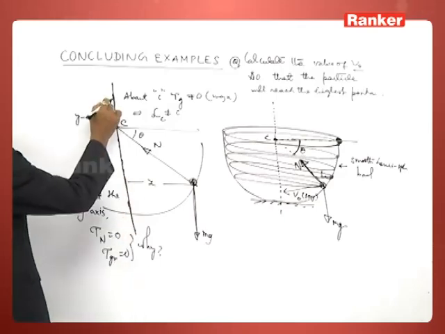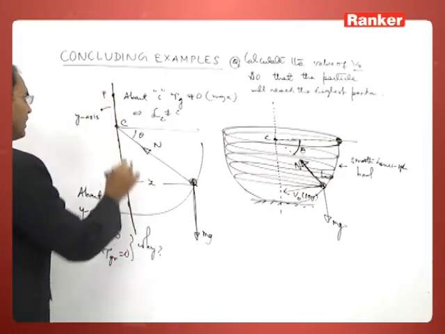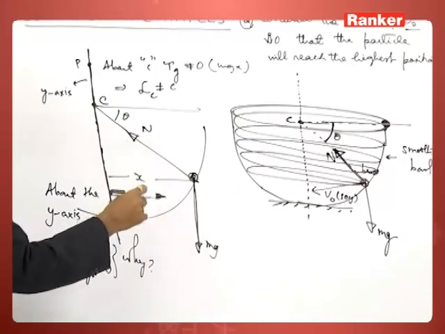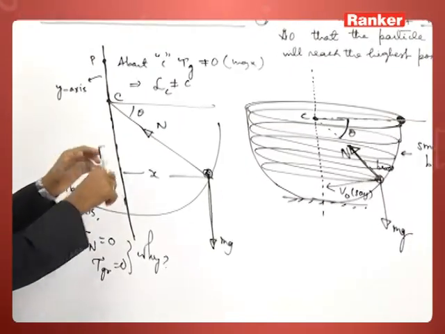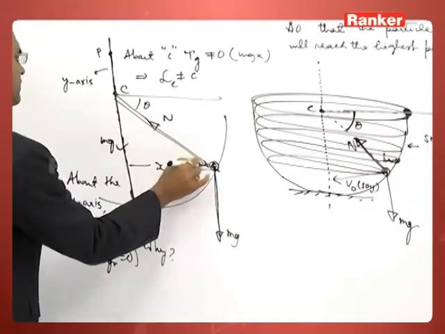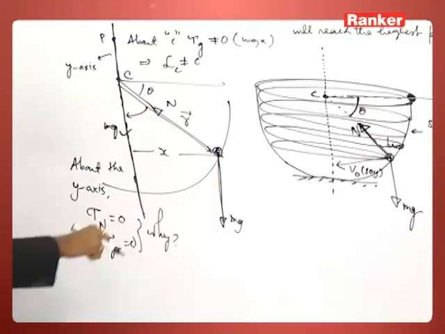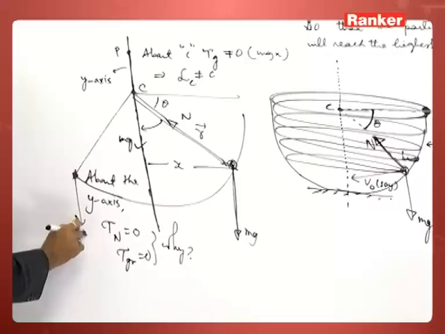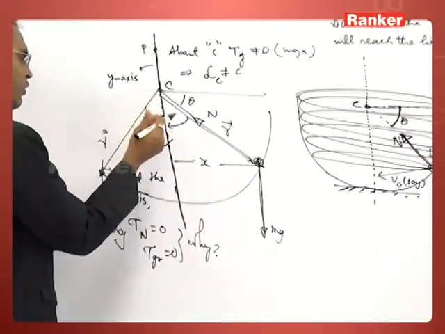Take any point P on the axis. About this point, the torque due to gravity is always horizontal. This is the gravitational force mg, this is the r vector. r cross mg at this point is in. If you take the point here, r cross mg will be out.